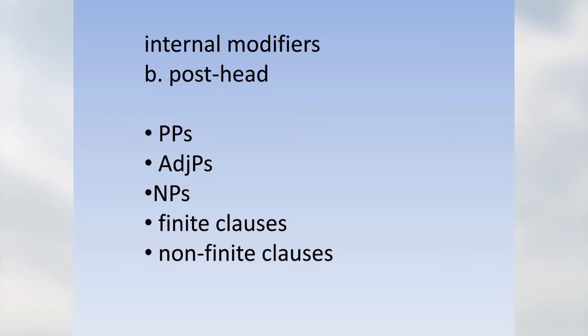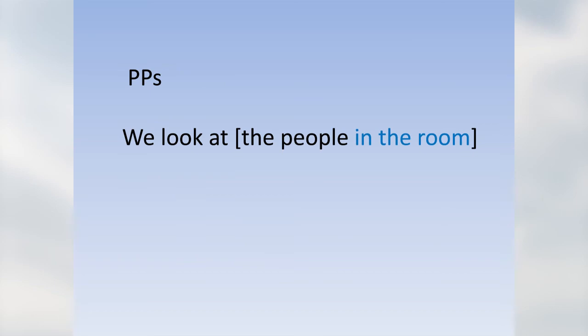So let's look first at the prepositional phrase modifiers. How about this sentence? We look at the people in the room. People is the head of the phrase, and then in the room, what's that doing there? It's modifying people. Right? So we look at them, right?